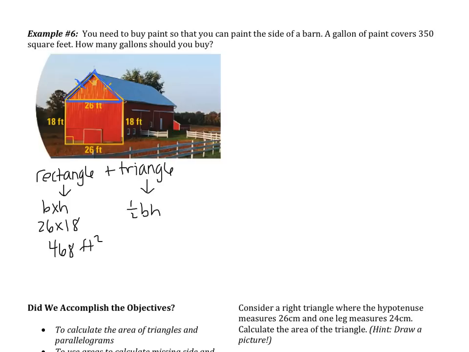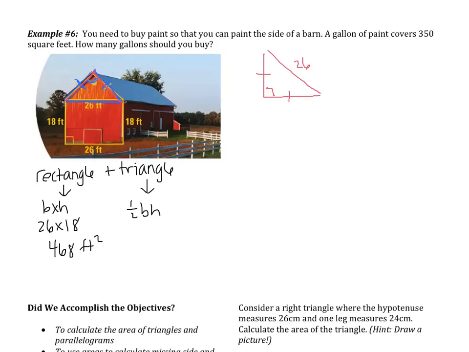I'm told my legs are congruent, and the hypotenuse is 26. It's also a right triangle. Now, that right angle connects the base to the height. So my base and my height are connected by that right angle. I'm going to draw this triangle like this instead, kind of on its side. Here's my right angle, here's my base and my height, and the hypotenuse is 26.